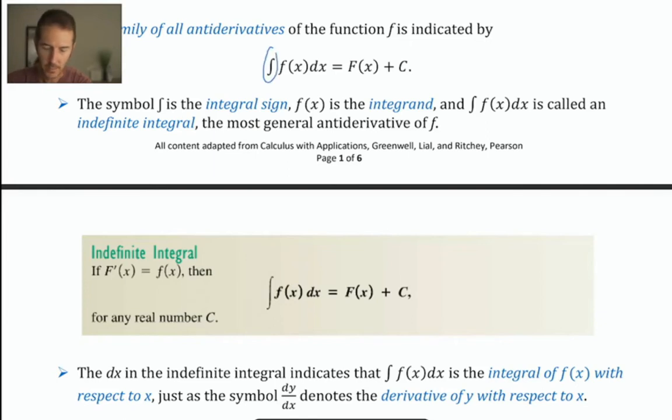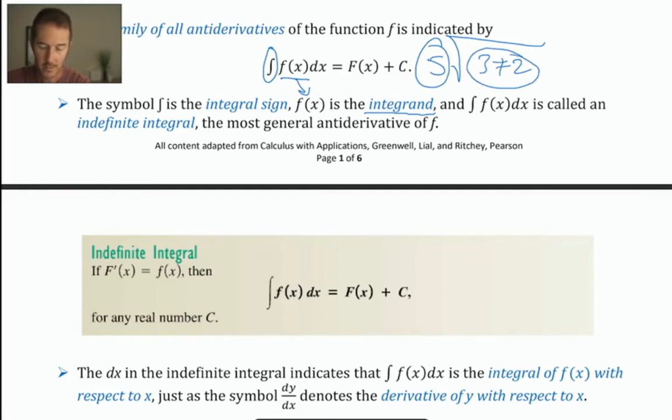And this symbol operates on this stuff. That stuff is called the integrand, which I won't say very often, but some people use that term, integrand, just like if you're doing a long division problem, dividing 372 by 5, this is the divisor, and this is the dividend, and this is the quotient, okay?